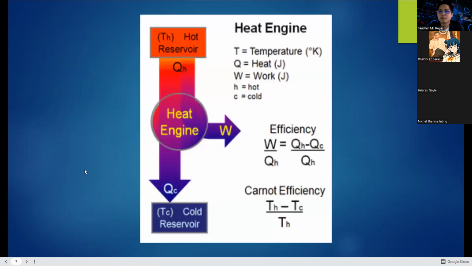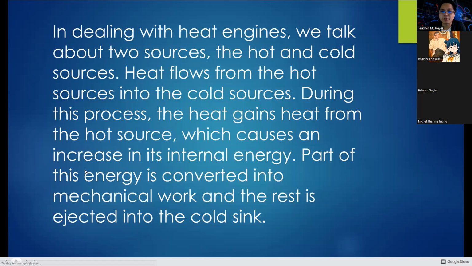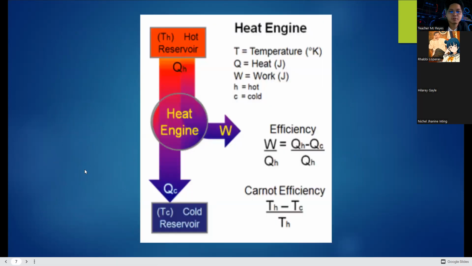We have the heat engine, the heat reservoir or heat source, and the cold source or cold reservoir in the lower part. The heat travels from the heat source to the cold source.